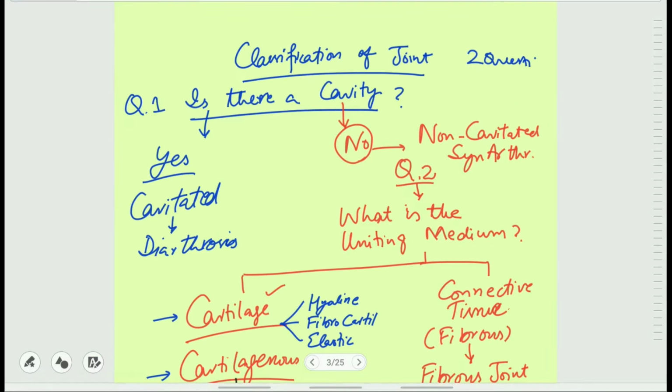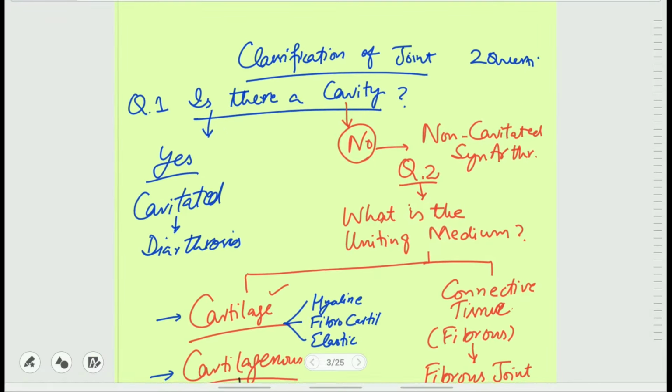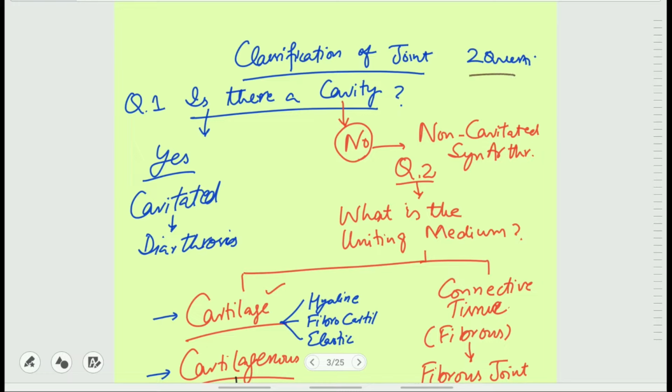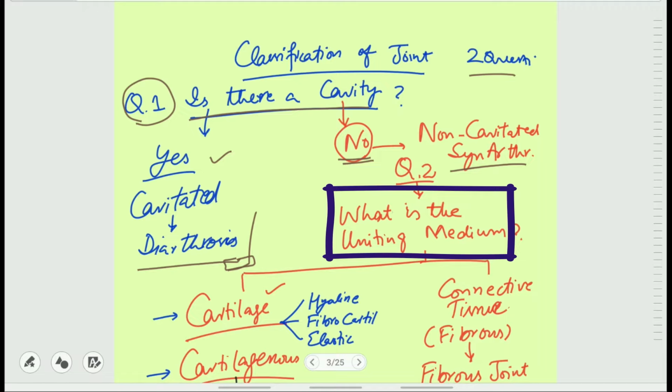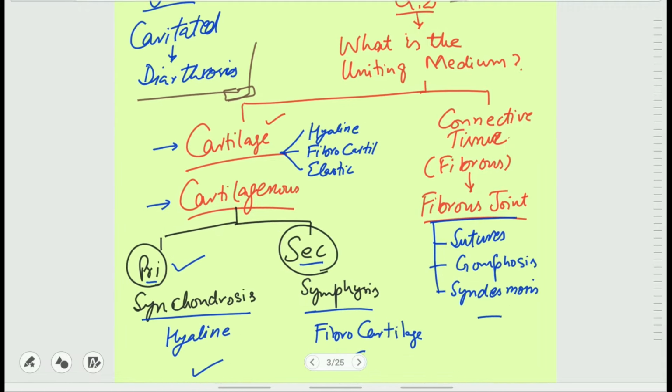Before going further, I will repeat the classification of the joint because this is very important. We have to answer two questions. Question number 1: is there a cavity? If there is a cavity, then it's a cavitated joint or diarthrosis. If there is no cavity, then it's a non-cavitated joint or synarthrosis. Then comes question number 2: what is the uniting medium of the non-cavitated joints? It can be cartilage or fibrous connective tissue. If it's cartilage, then it's a cartilaginous joint.